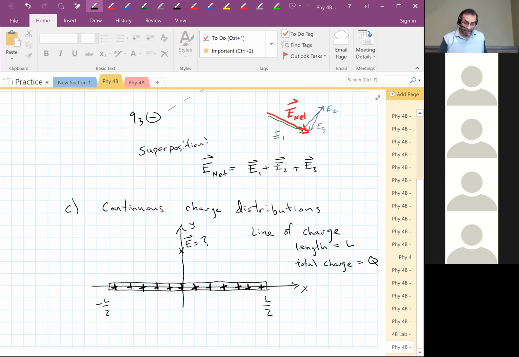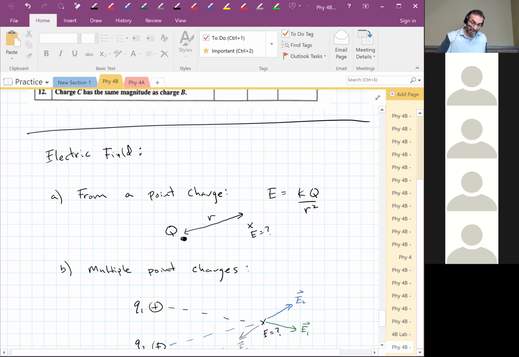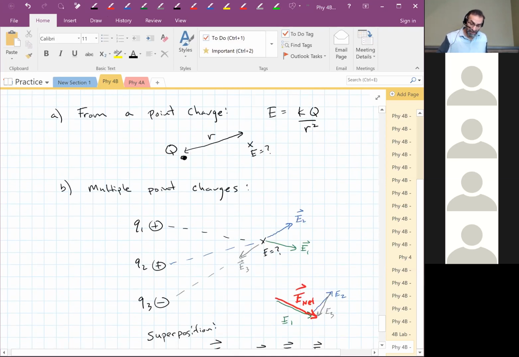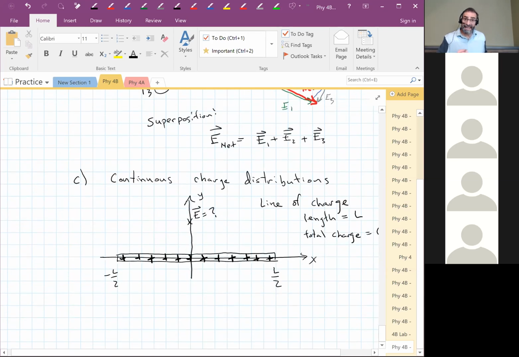Okay, so what are we going to do? Well, what did we do when we had a point charge? We knew our equation: kq over r squared. When we have multiple point charges, we add up the field from each individual point charge. So when we have a continuous charge distribution, what do we do?